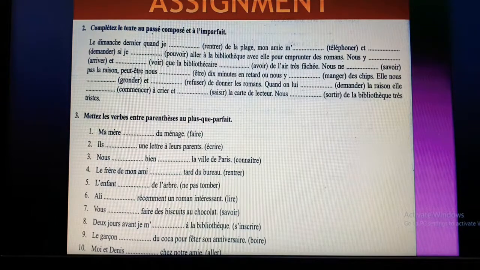So here is the storyline of 2 friends going to the library, and they saw a librarian, who happens to be a female. Actually they went for issuing a novel, but they couldn't get the novels or any book.